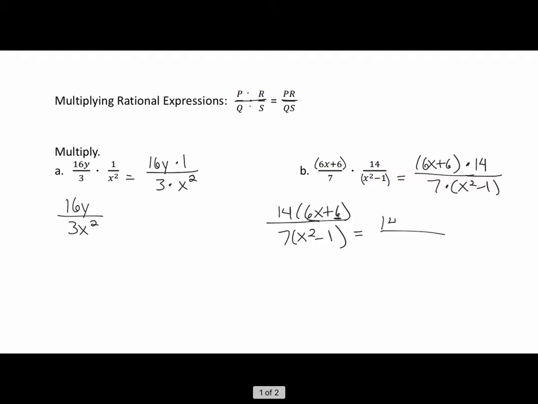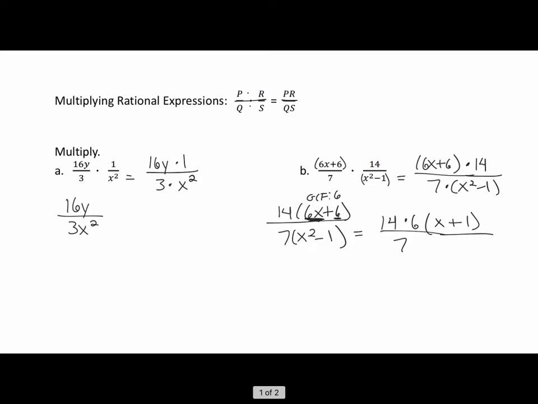So let's see if I can factor out a greatest common factor, and there is a common factor here of 6. So I'm going to write it a different way, times 6, and then divide 6 from those terms to see what remains. So 6x divided by 6 is x, and 6 divided by 6 is 1.